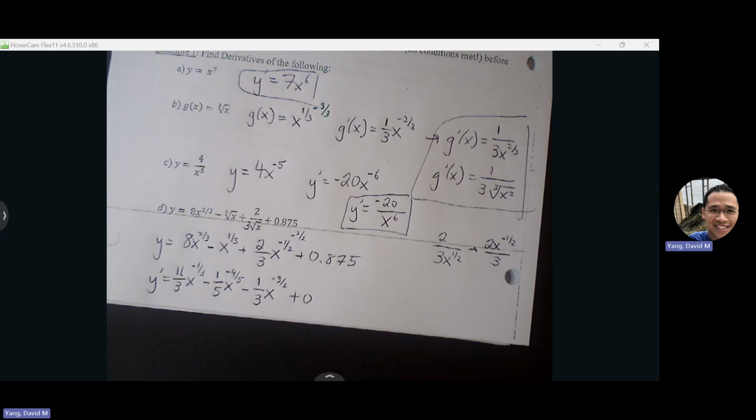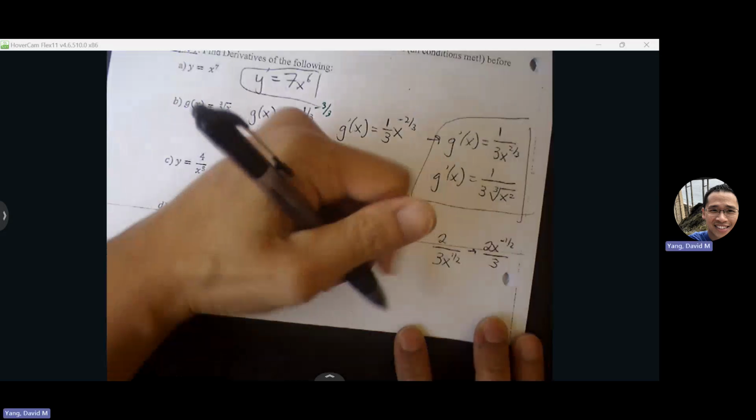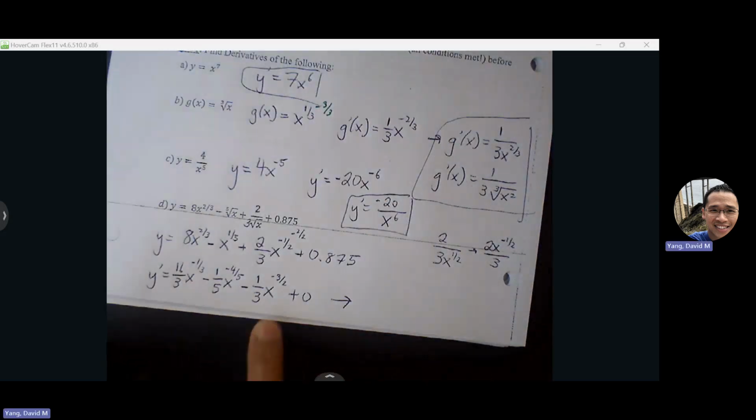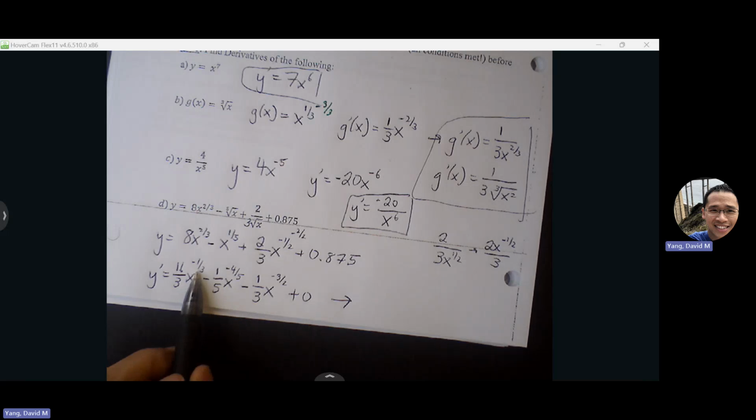All right. And now the final thing is we have the derivative. We're just going to do some cleanup. So any negative exponent, I'm going to push them back down to the denominator.